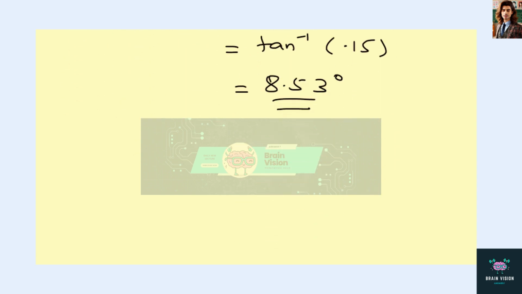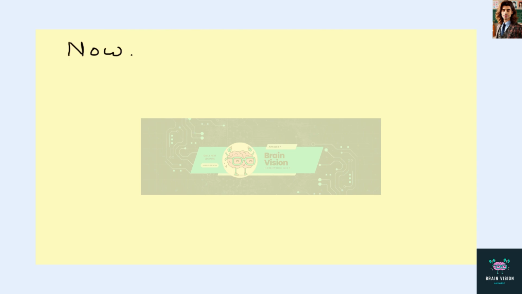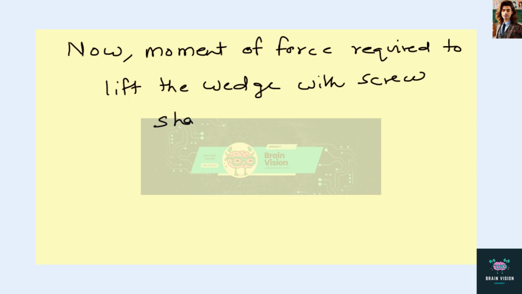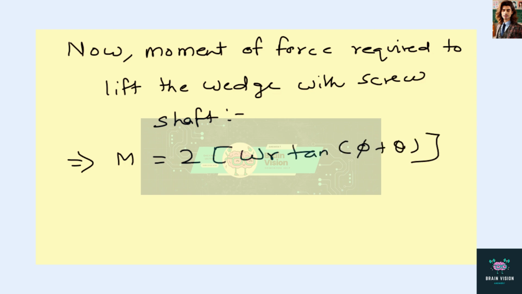Now going ahead and writing moment of force required to lift the wedge with screw shaft. So M is equal to 2 into WR tan of phi plus theta.